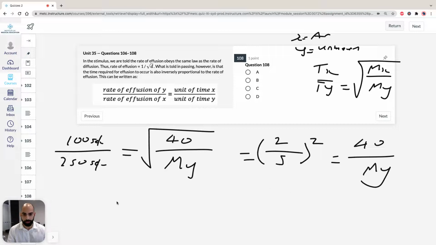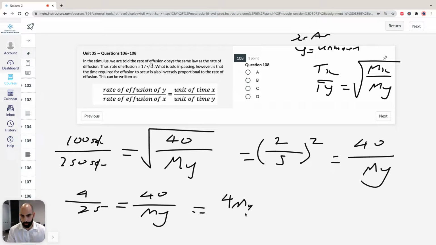Then we can just cross multiply. So 4 over 25 equals 40 over My. Cross multiplying, 4My equals 40 times 25, which is 1,000.